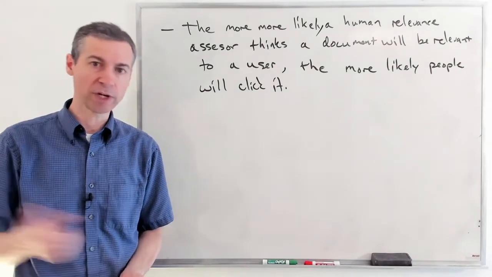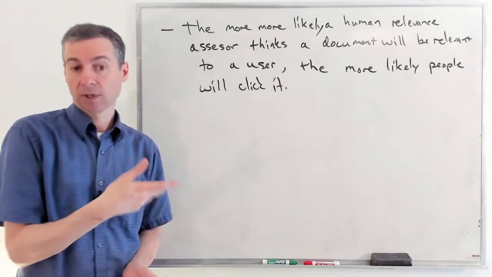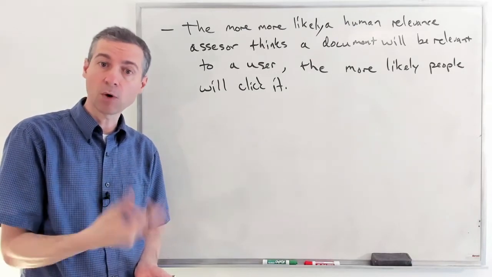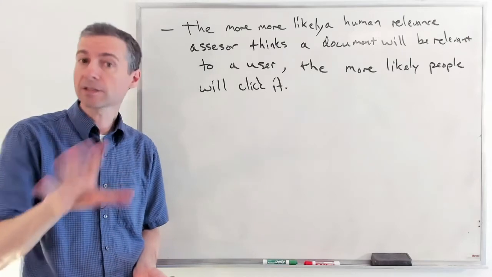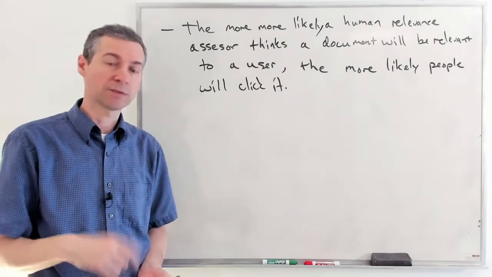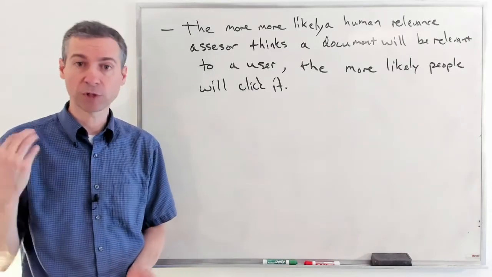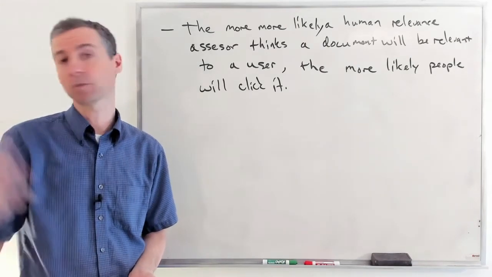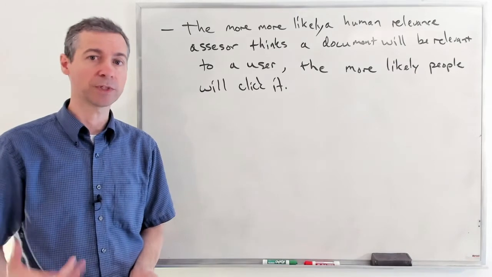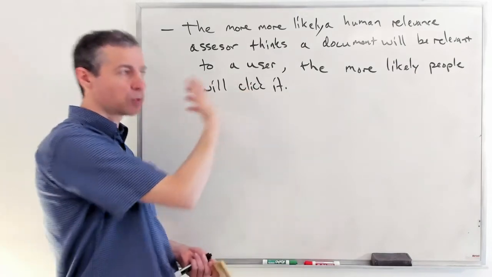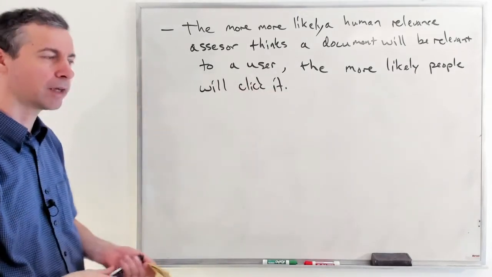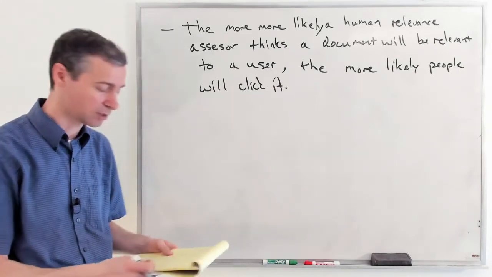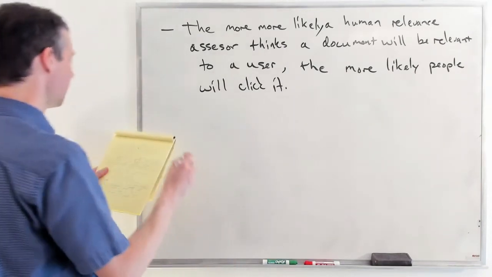It's a continuation, where of course the assessor who thinks something is not relevant will have the lowest probability of being clicked on, not a 0 probability, because for some reason, again, the assessor doesn't perfectly know the user's information needs. So the user might click on it, the user might make a mistake, all sorts of reasons. But in general, we can definitely see that it does work this way. It makes sense, at least. That's good. So we know that.